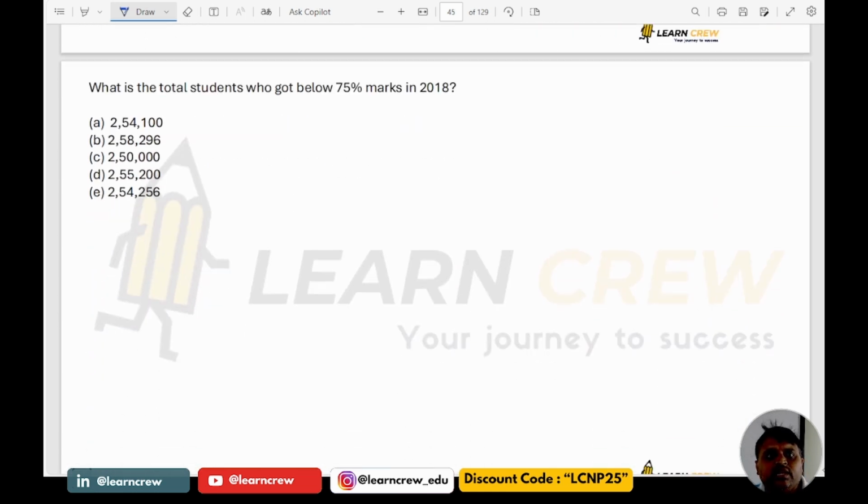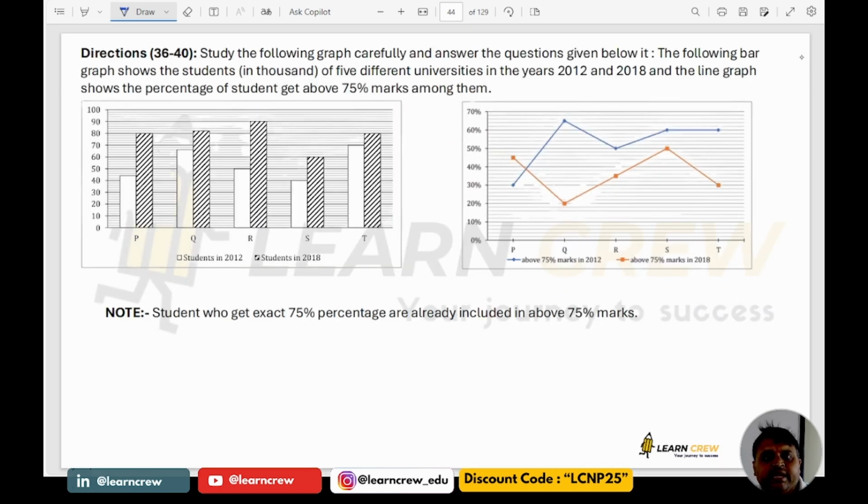What is the total number of students who got below 75% marks in 2018? Everything is given in thousands, and the marks are given in percentage.